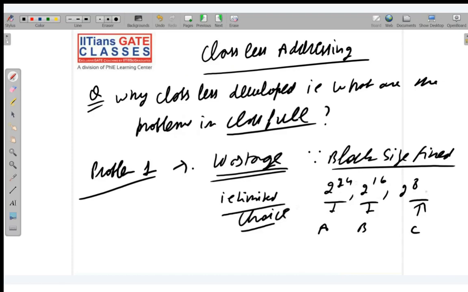And the second problem: you might think, sir, to prevent wastage we have already studied subnetting and supernetting. But the problem was that subnetting and supernetting was not always possible. For example, if you want to do subnetting, you are one organization, then you have to bring three more organizations, so that total four organizations become, and now you can do this distribution.